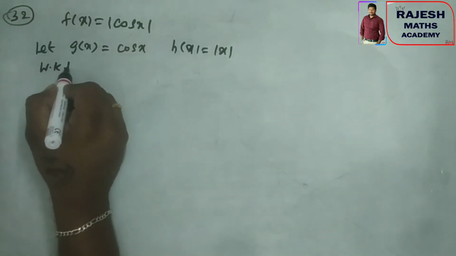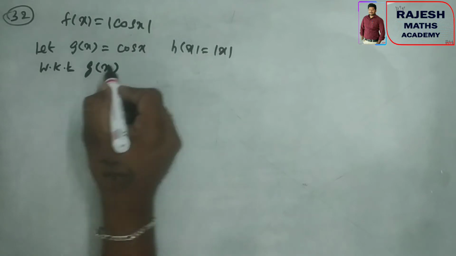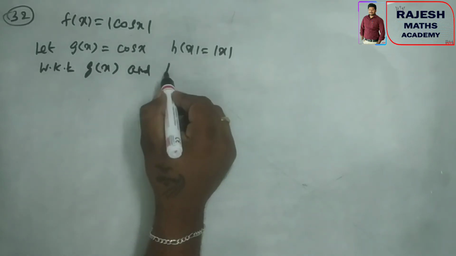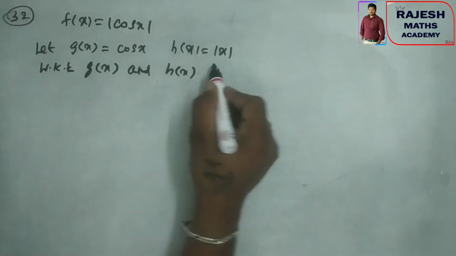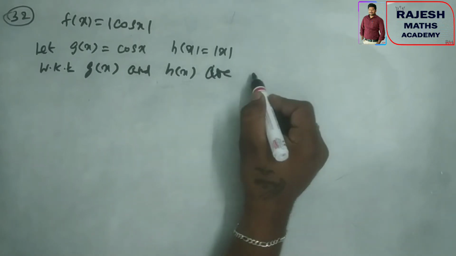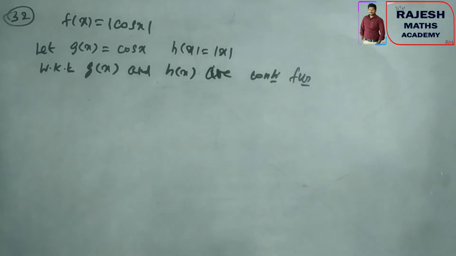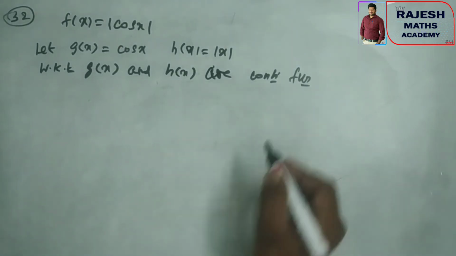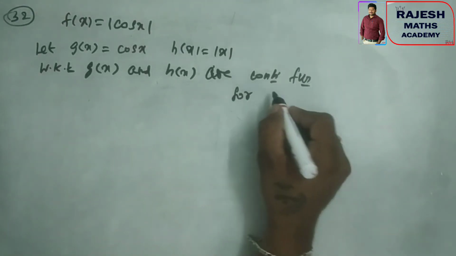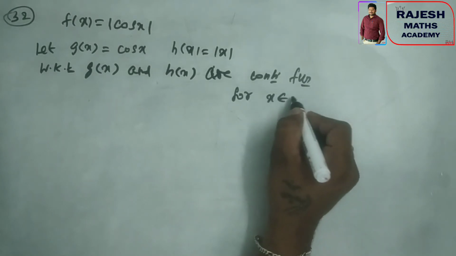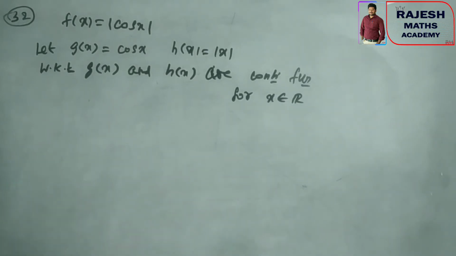We know that g of x and h of x are continuous functions for all x belonging to the real numbers.